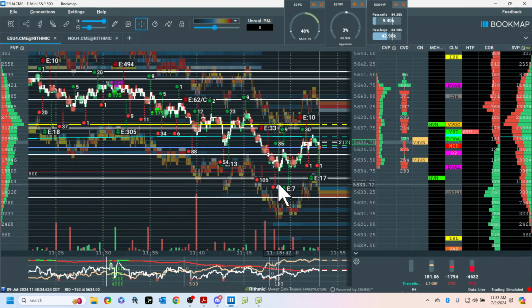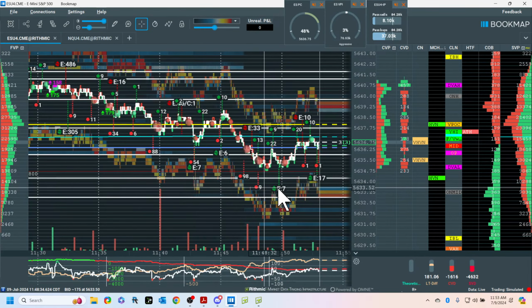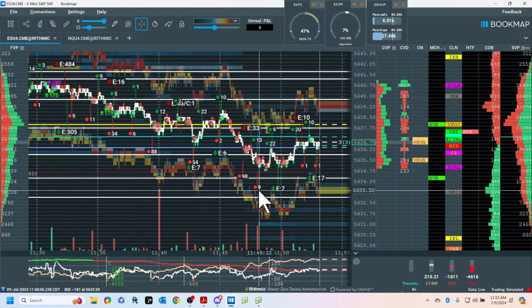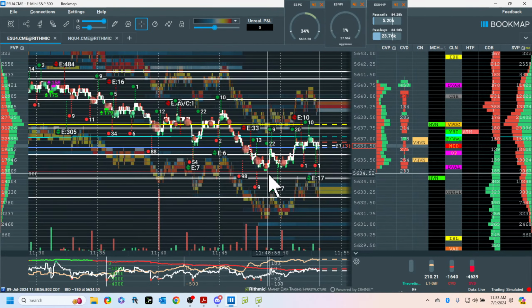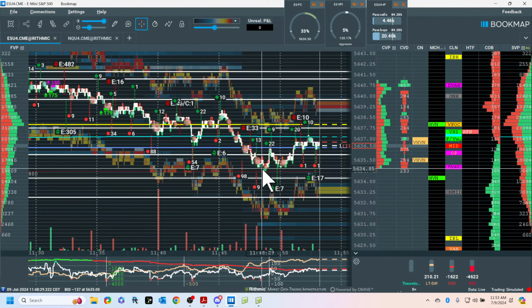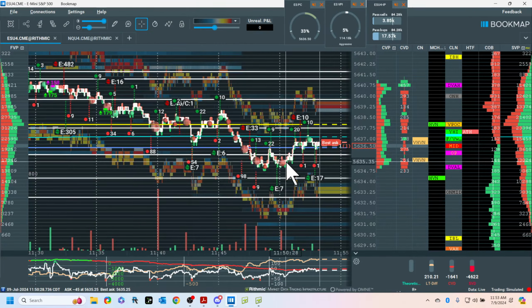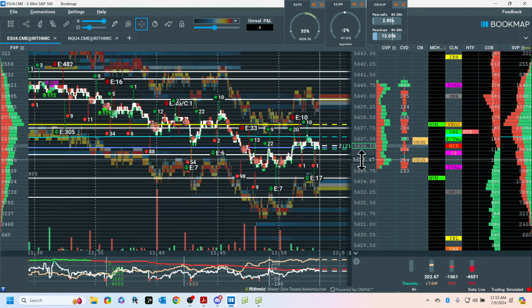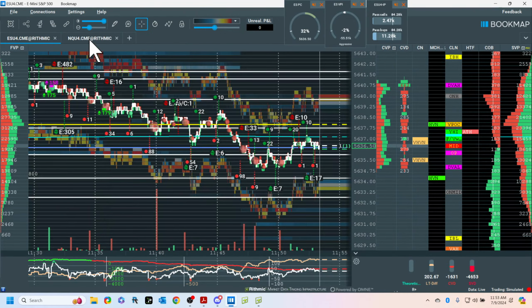What is that? Divergence. The only thing I use from indicator world. If I got less of something at a lower price, that's divergence. Now what? Volume. Where is it? Right there. Let's look at it.